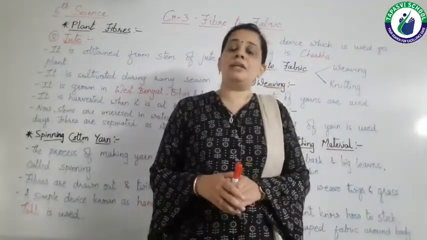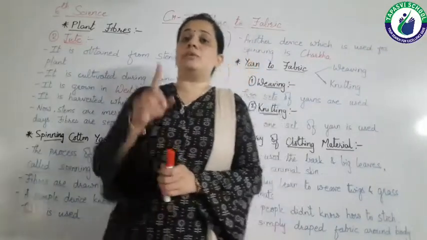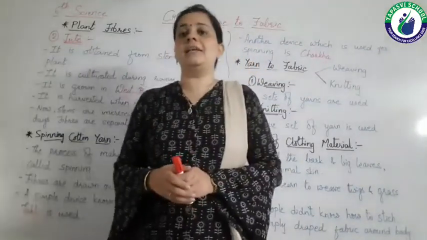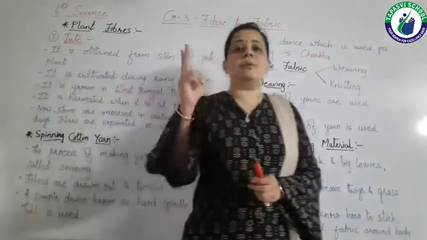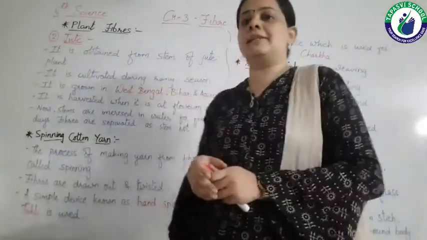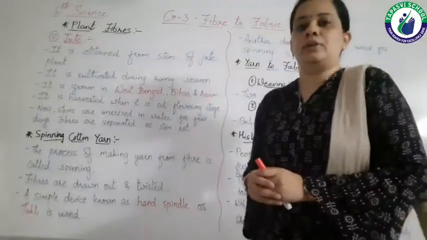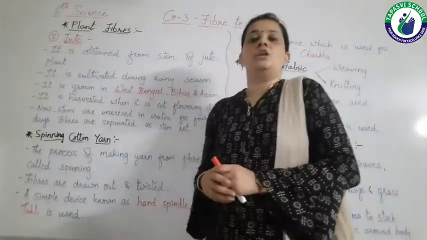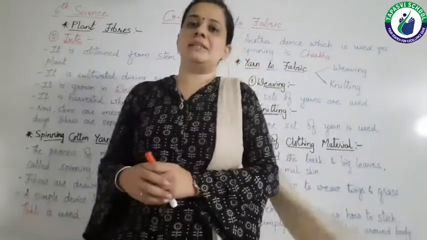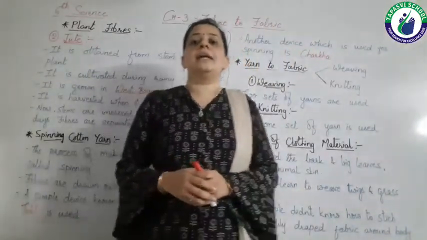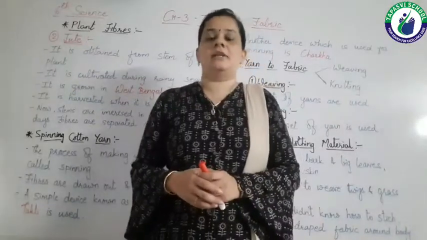If you remember, in the last lecture we studied the first plant fiber, that is cotton. So today we have to study the second plant fiber, that is jute. Okay, so let's start. Jute. Jute is a plant fiber, meaning this fiber we get from plants.